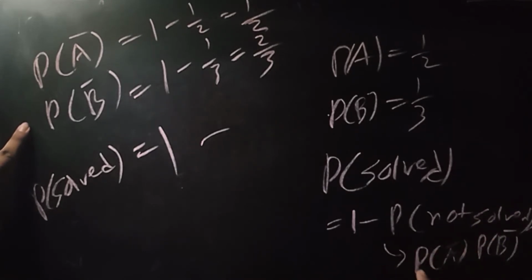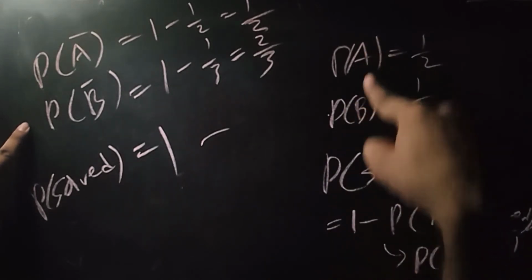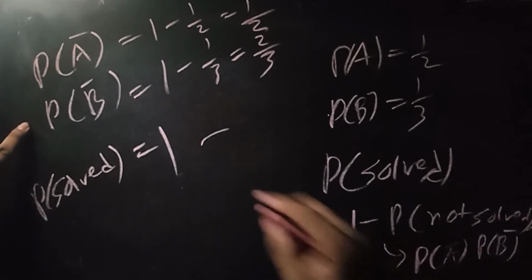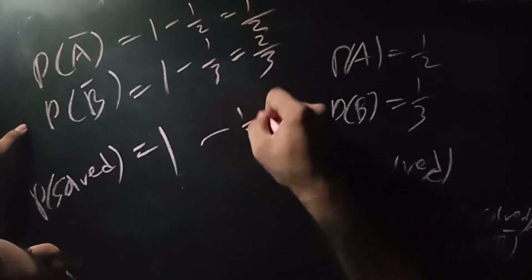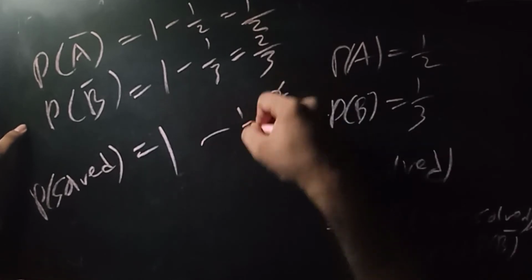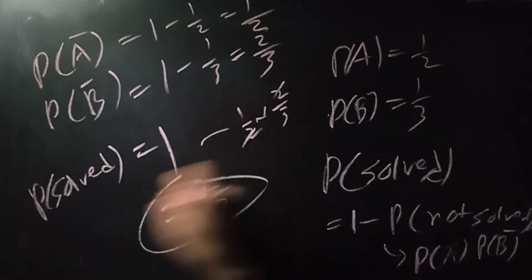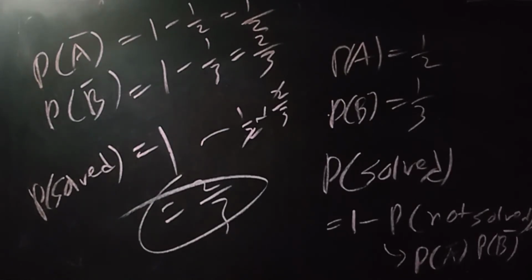Since these are independent, we just multiply. This is an AND case: A not solved and B not solved. So this is going to be half into 2 by 3. So 2 cut, 1 by 3. 1 minus 1 by 3 is 2 by 3. This is the probability of P solved.